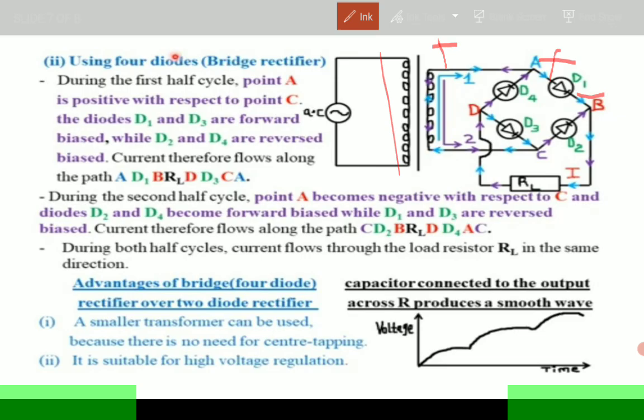In fact, the capacitor will be connected across this terminal, across this resistor, so that the output current is made as smooth as possible, in other words, without ripples like this. In other words, converting it into a perfectly linear current flowing in one direction.